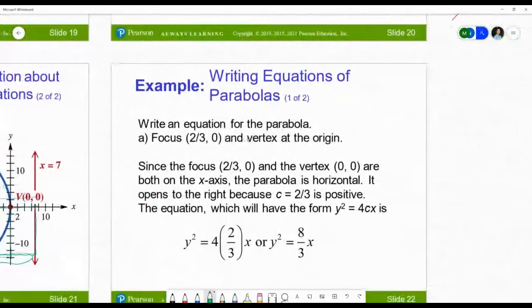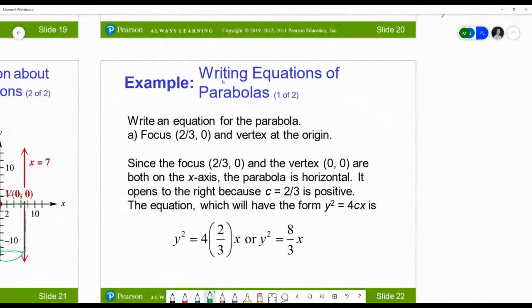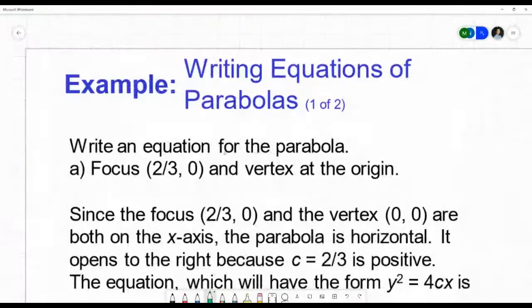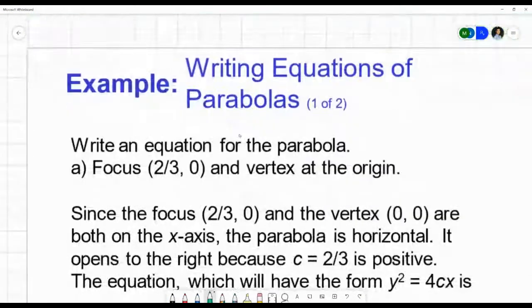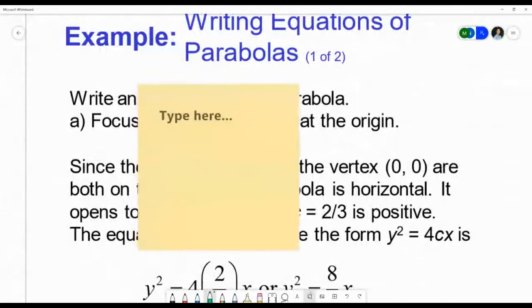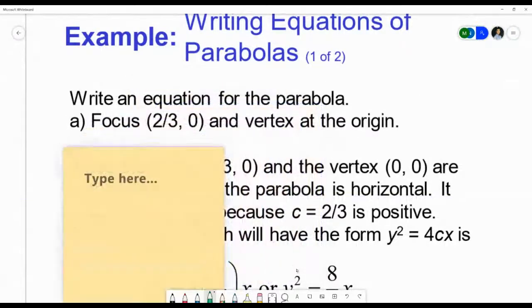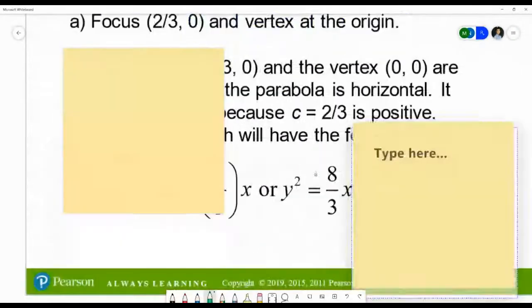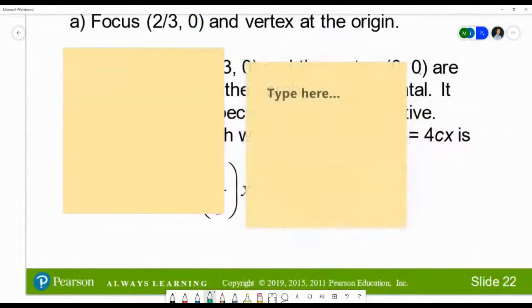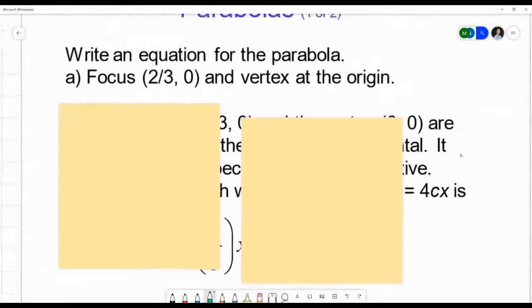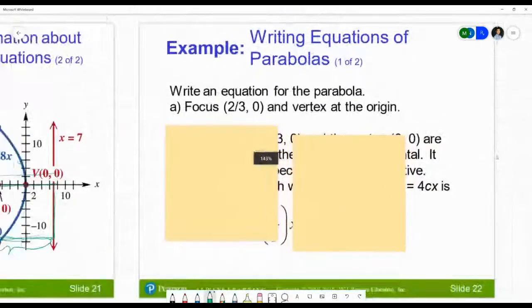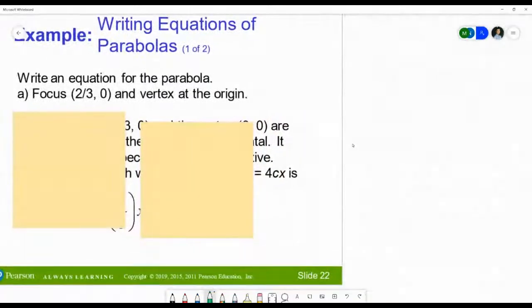Okay, so here we're going to look at equations. This is one of my favorite sections because it's kind of like a puzzle. You've got to figure stuff out by working backward. Find an equation for the parabola with focus at (2/3, 0) and the vertex at the origin.